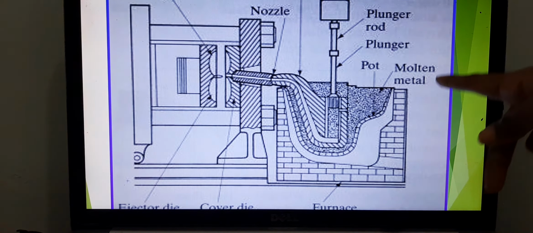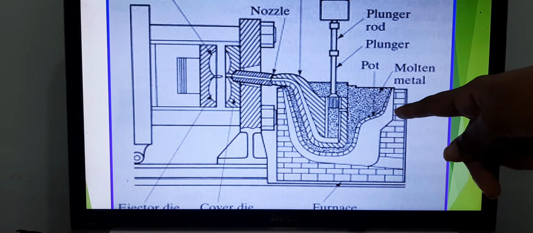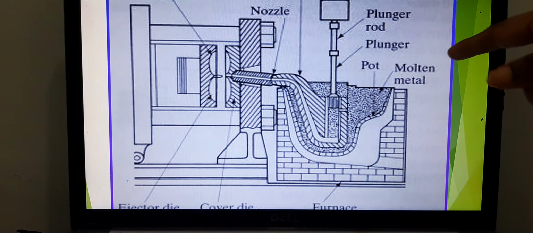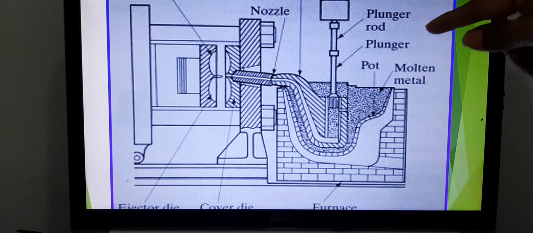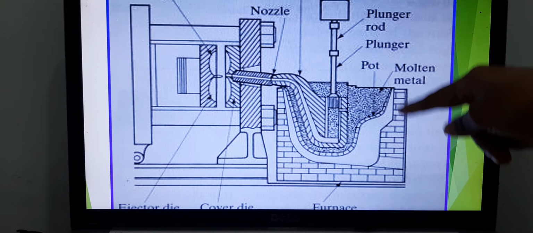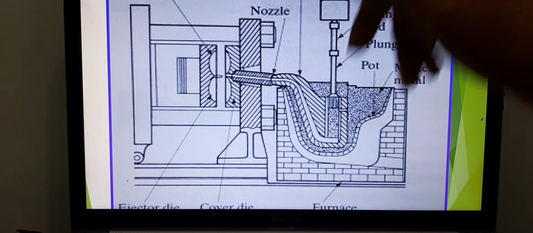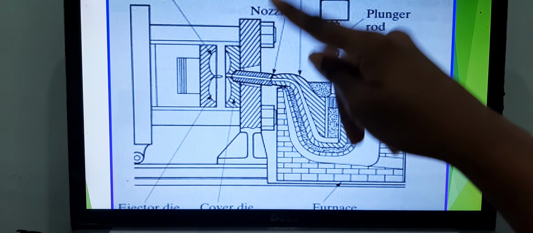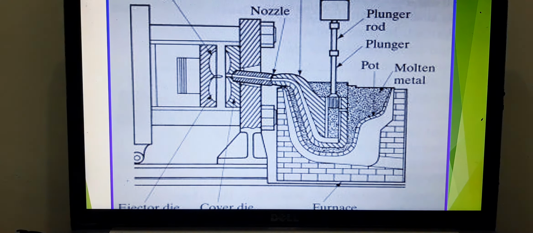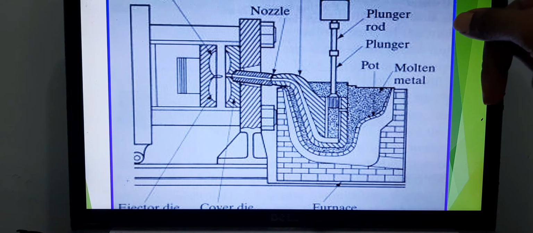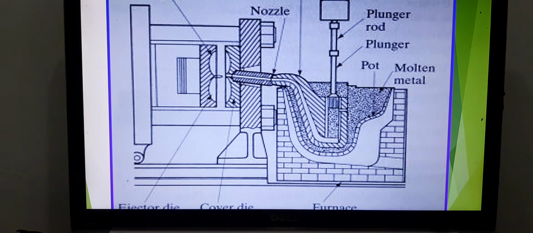So for example, if this metal is aluminum and you must maintain 900 degrees Celsius throughout the process, each and every part in this machine will be exposed to 900 degrees Celsius. Therefore, each and every part in this machine has to be made of heat resistant material. Otherwise, the machine will be damaged very quickly.